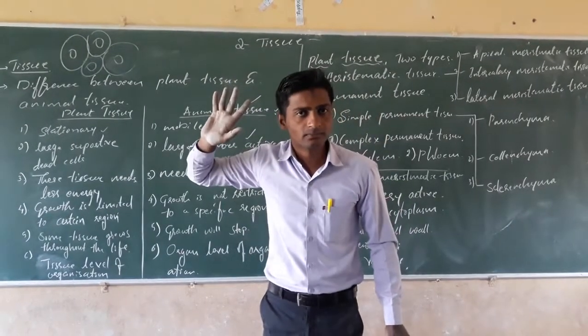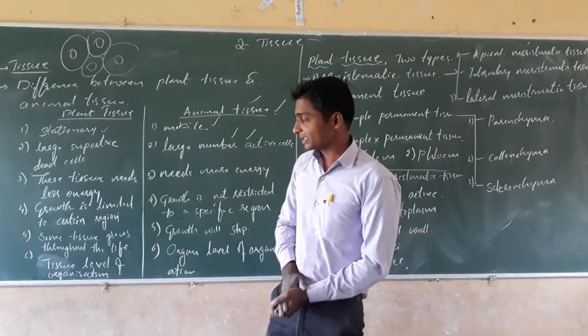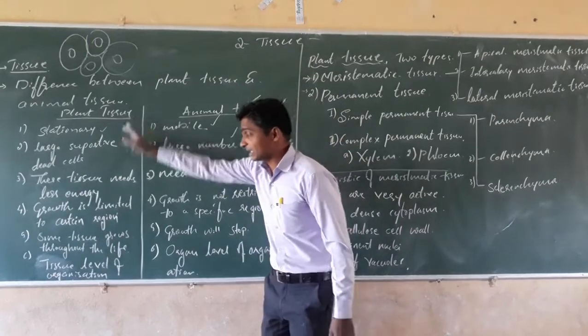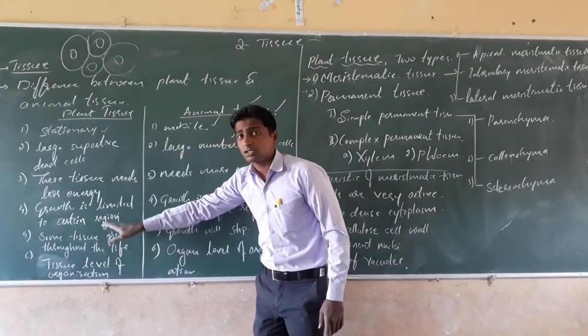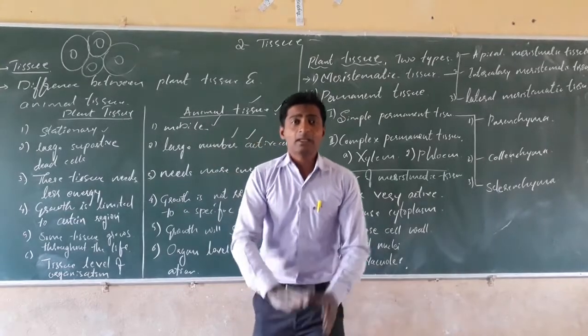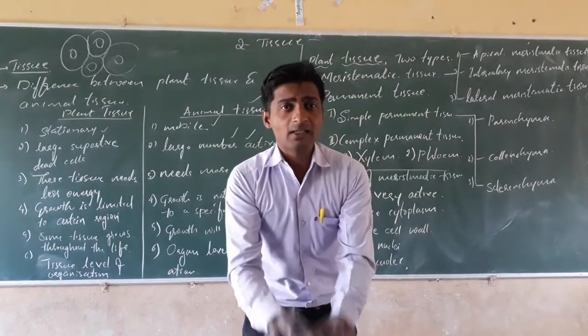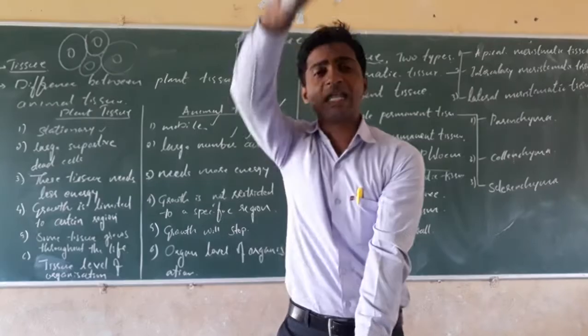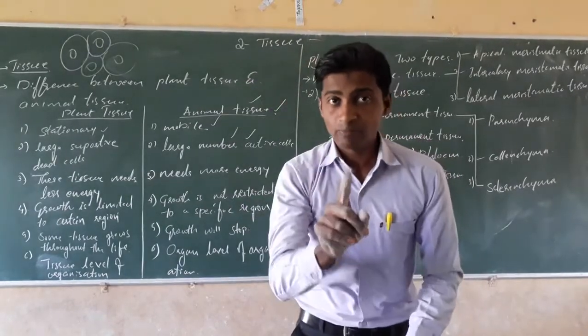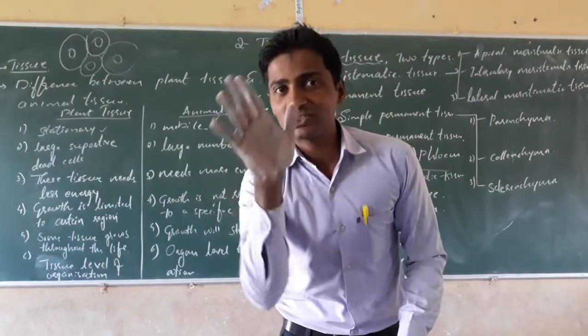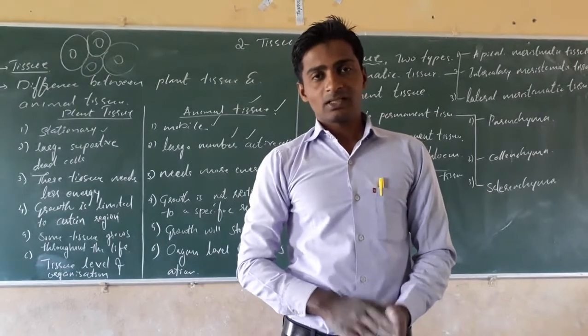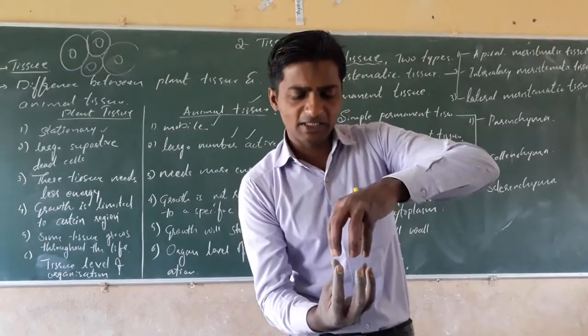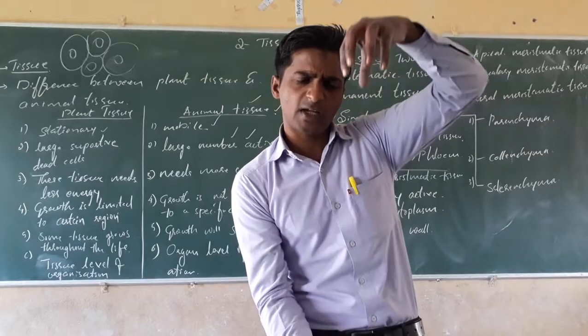Understood or not? In case of plant tissue, the growth in some regions occurs throughout the life, but in some regions the growth will stop. For example, in the stem region, what happens? The growth will occur until the end of life.